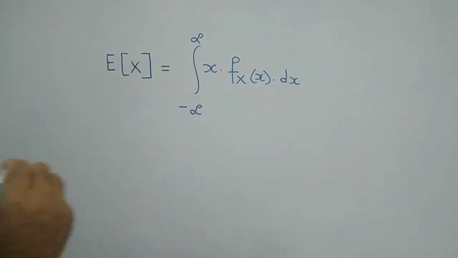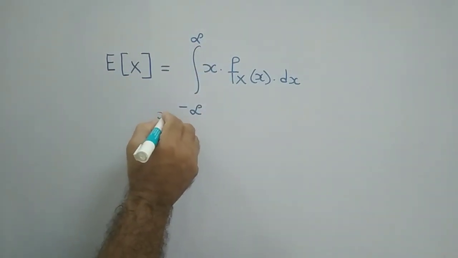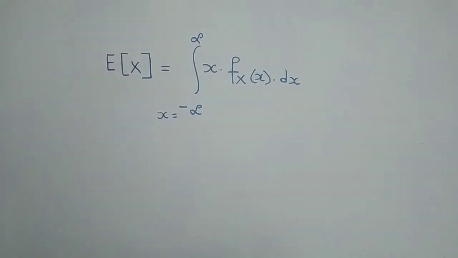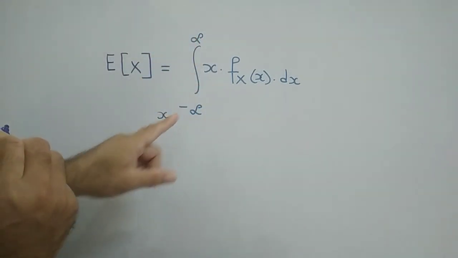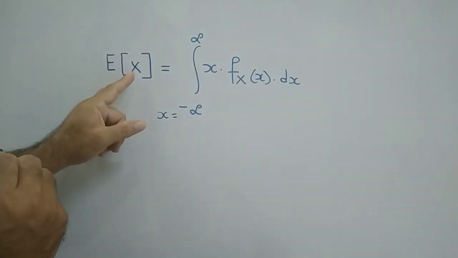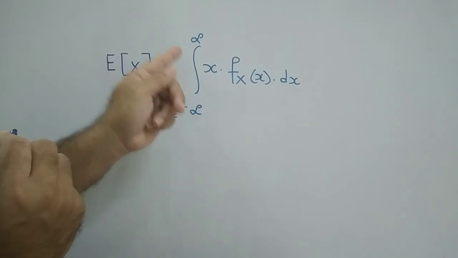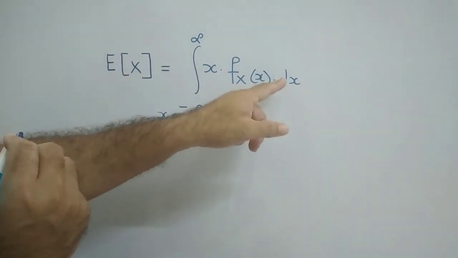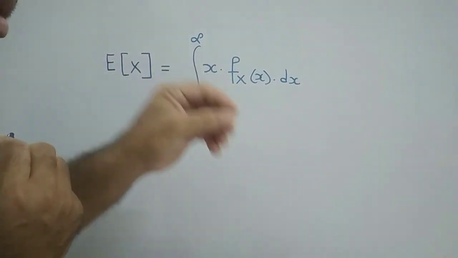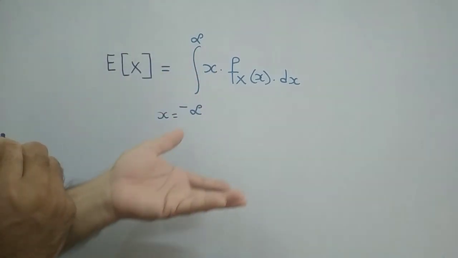In this formula, the x values go from minus infinity to plus infinity, because we are defining this function for random variable x. Therefore, this integral is evaluated with respect to dx, and you must know the limitations of x, which are already given in the problem.